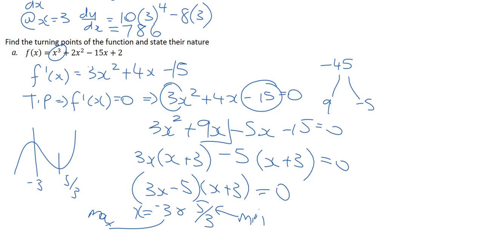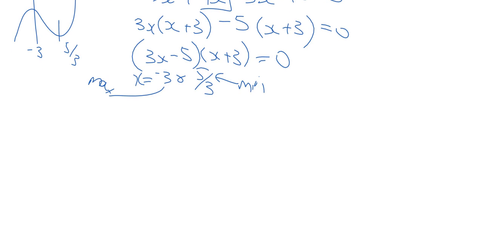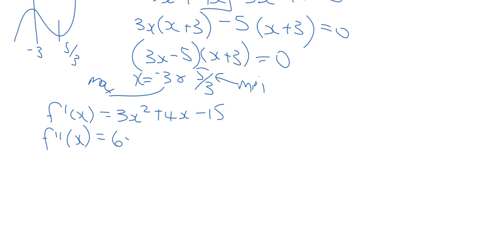Level 3, what we're going to do is try and prove that. So f(x) was 3x squared plus 4x minus 15. If I differentiate that again, what does it get me? 6x plus 4.